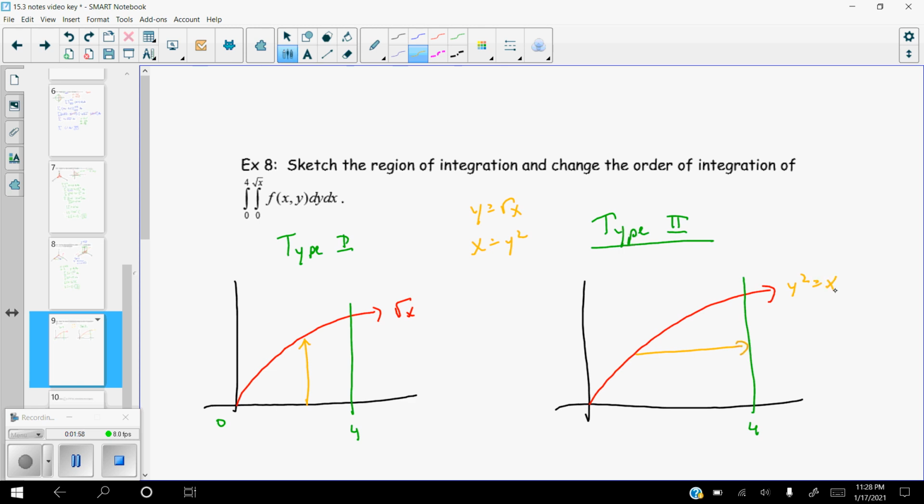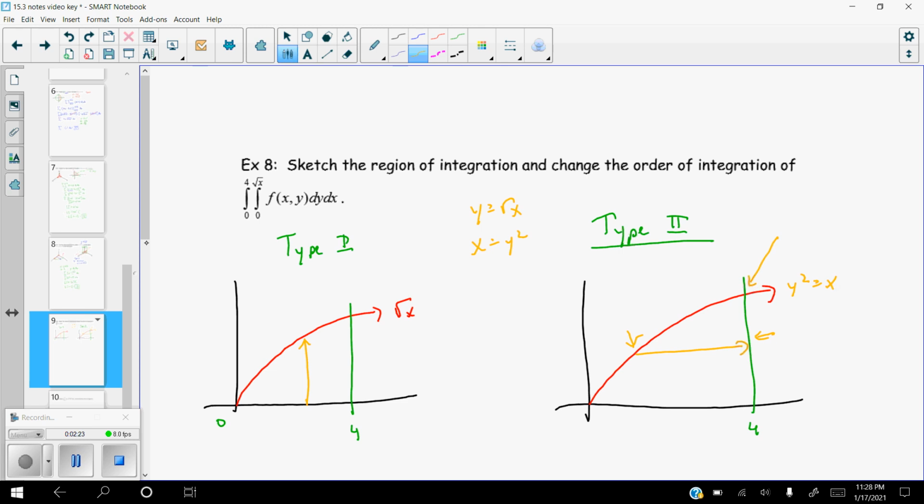So now x is going to vary from, I'm sorry, y squared to 4, because here's y squared, here's 4. It's got to go left to right. Y squared to 4. And y is going to go from 0 up to whatever that intersection point is. Well, if I plug 4 in for x, that's going to be y equals 2.